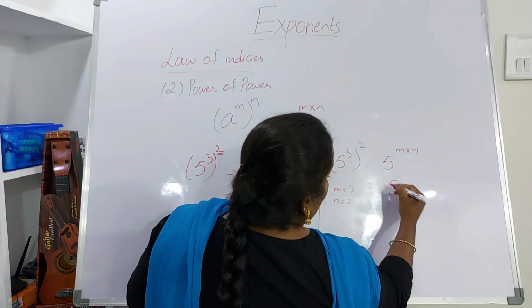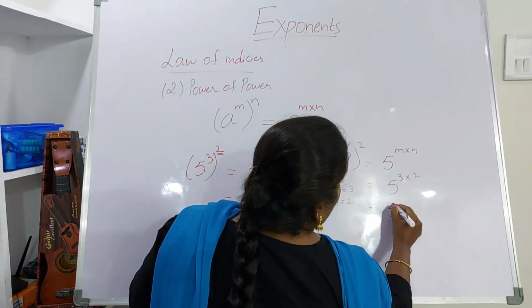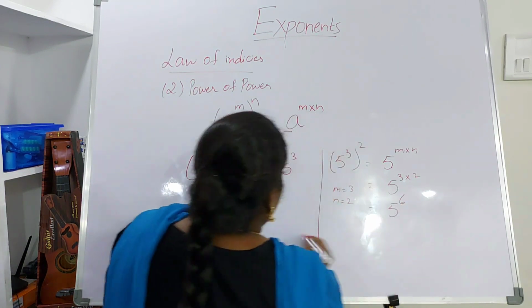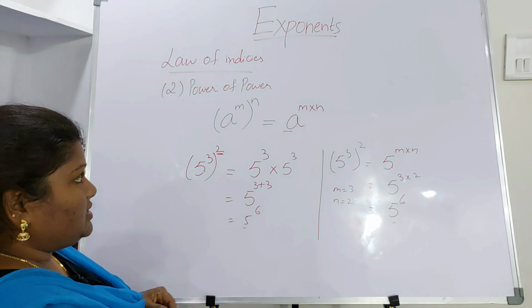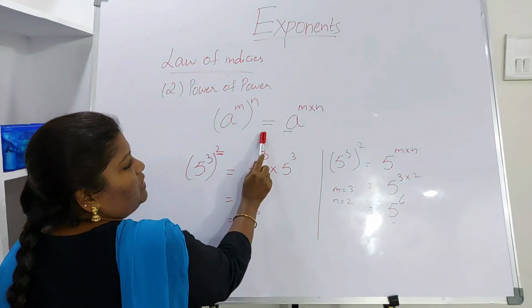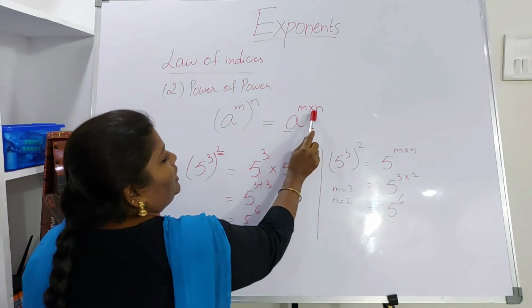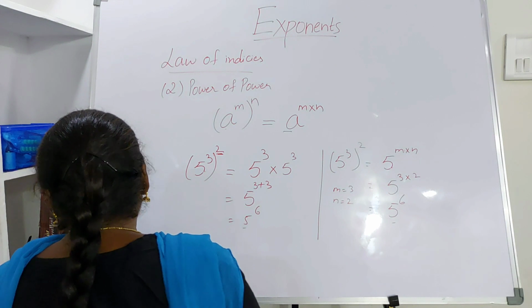So 5 to the power of 3 into 2, that is 5 to the power of 6. So you get the same answer. I repeat once again, a to the power of m whole to the power of n is equal to a to the power of m into n. So let me explain the next law.